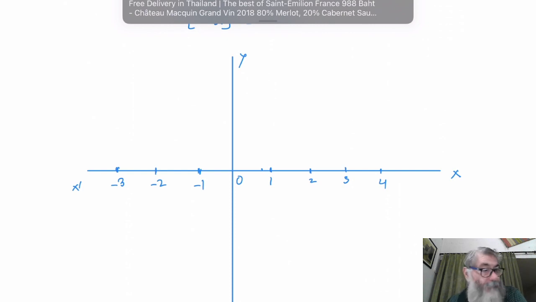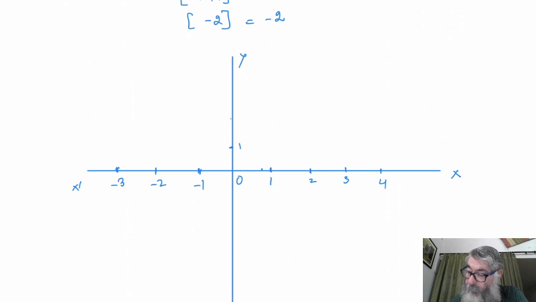Between, we have to go up also. 1, 2, 3, 4, minus 1, minus 2, minus 3, minus 4.